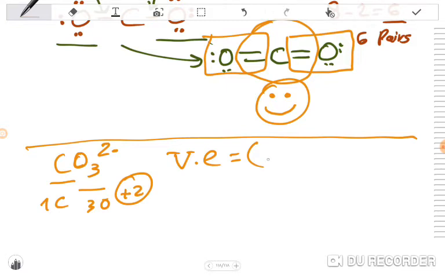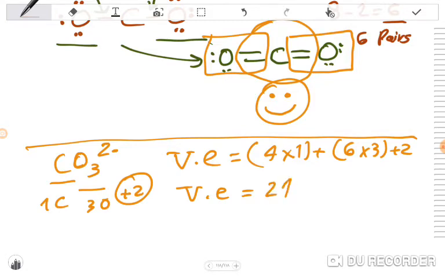Valence electrons: 4 multiplied by 1, plus 6 multiplied by 3, plus 2. Valence electrons are equal to 24, and 24 divided by 2 is equal to 12.